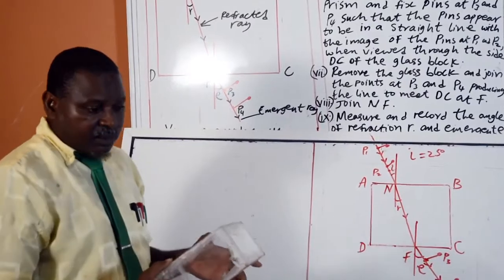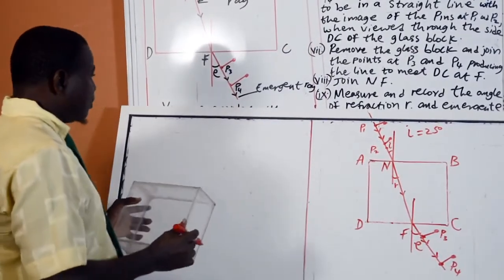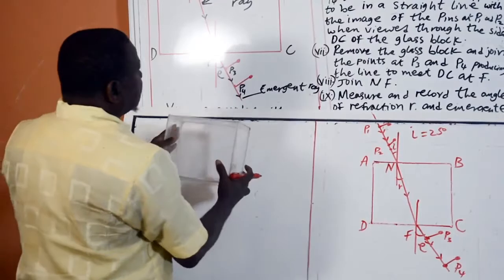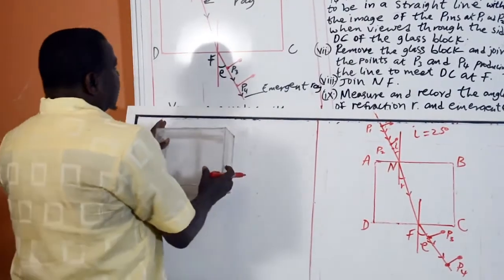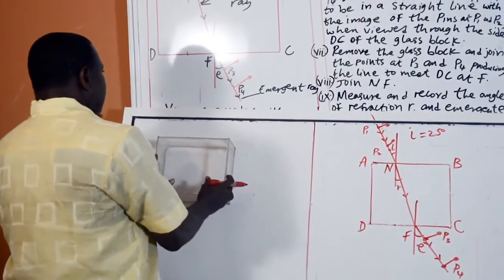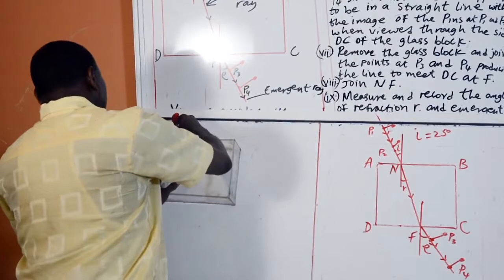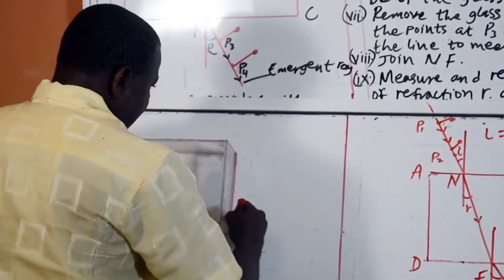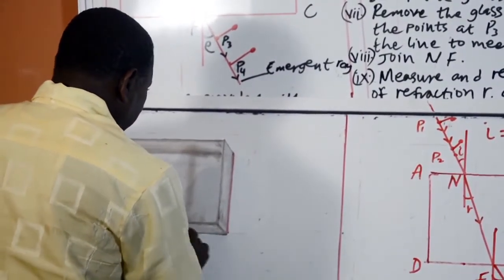of this rectangular prism. First of all, we place the rectangular prism on your drawing board, on your plain sheet of paper.